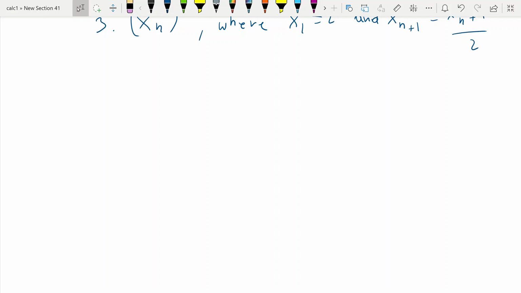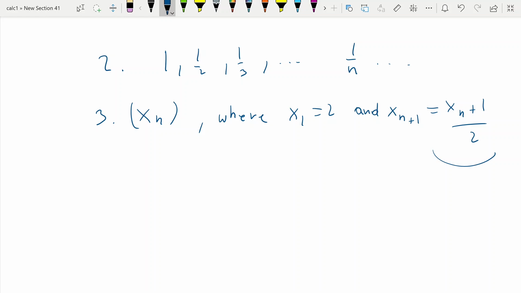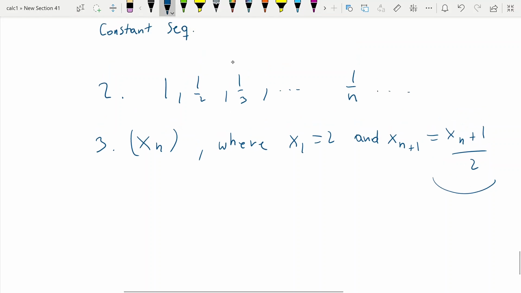And you can define them explicitly, just give me all the terms. There could be no relation between the terms, something completely random, or there can be a formula, like in this case, for instance, the first one, or it could be a recursive formula, like in this last example 3.